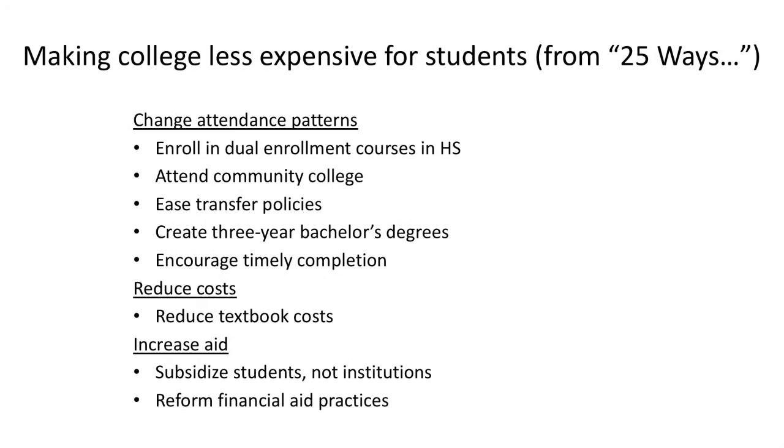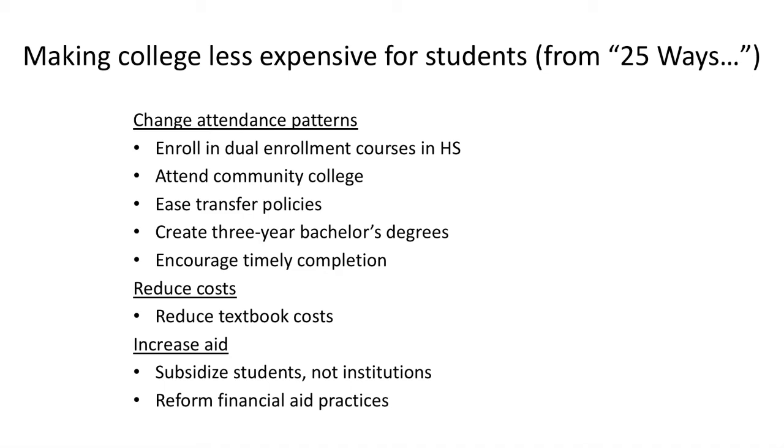To get back to the article that you read, the 25 Ways to Cut Costs article, Vedder and Company talk about 25 ways to cut costs, and they're really talking about a couple of different things, and I want to unpack those a little bit by looking at categories. First of all, they ask about how they can make cost less expensive for students.